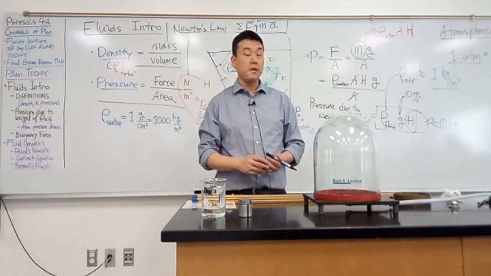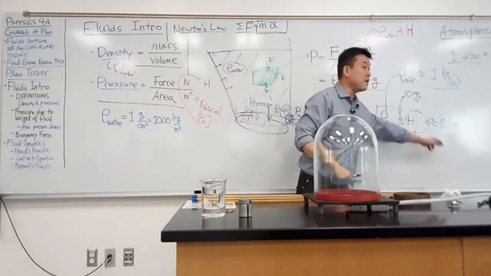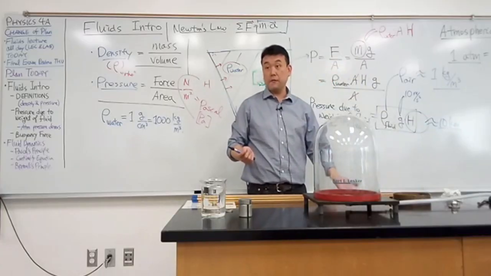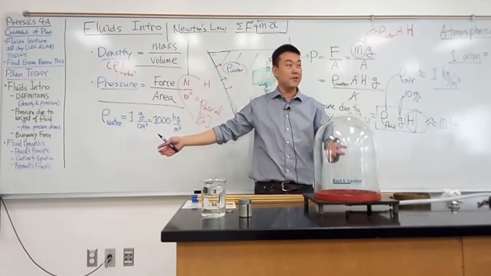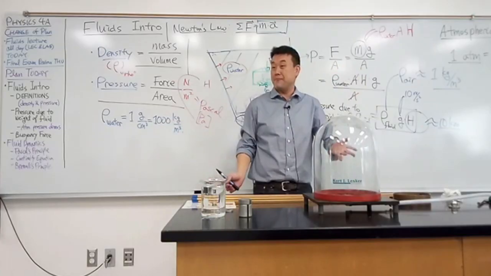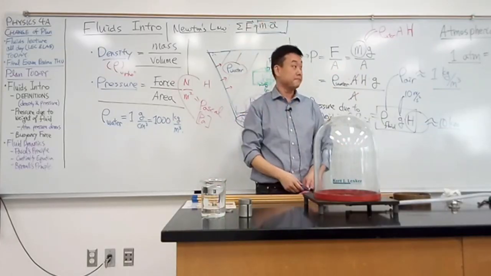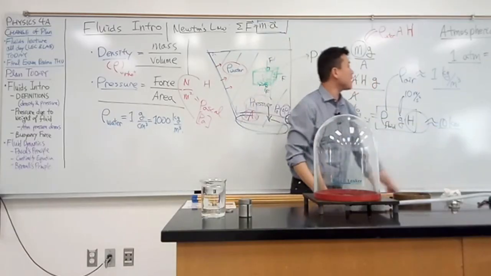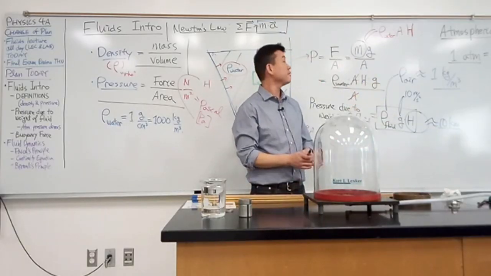And any commercial jetliner which flies at this height has a pressurized cabin. If somebody ever opens the door and there's explosive decompression, the first thing you notice is that you can't breathe anymore. That's why that mask drops down so that you can breathe. So this is the approximate height of air within the order of magnitude.